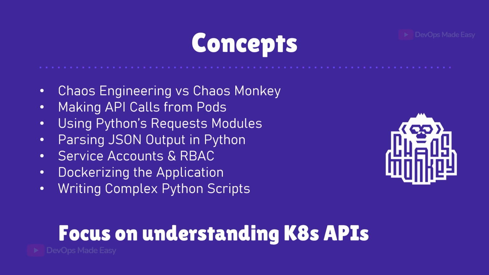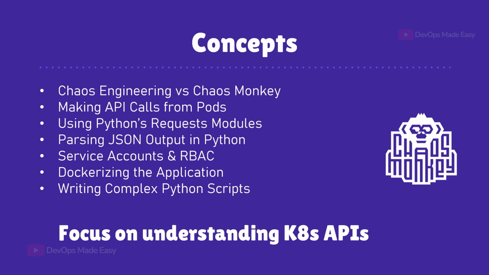Since we are going to write our complete application in Python, we'll also see how to Dockerize the Python application and understand writing complex Python scripts. But the major focus will be on understanding Kubernetes APIs and how to create any application that wants to talk to the API server from scratch.